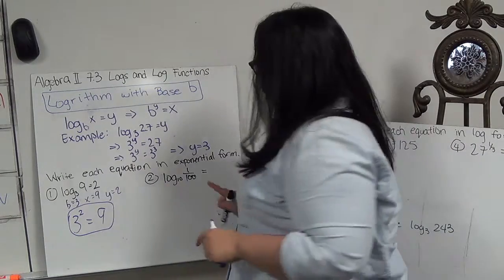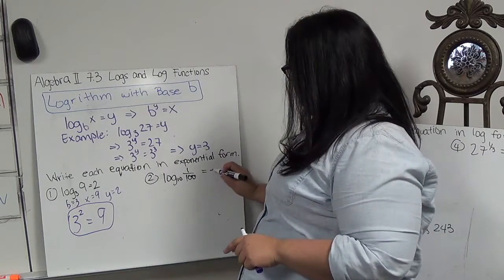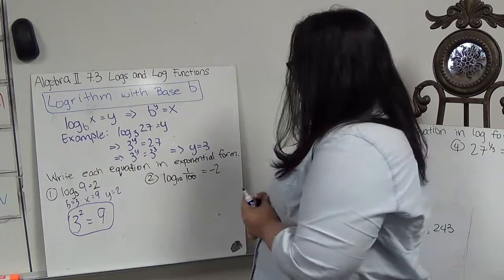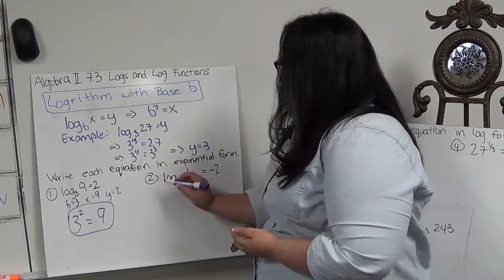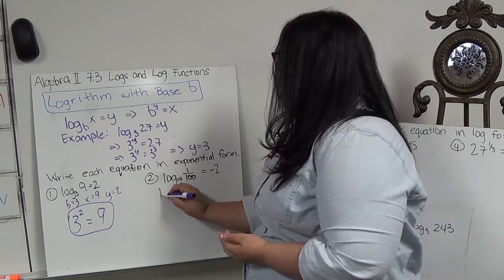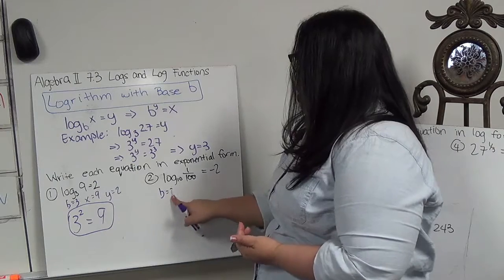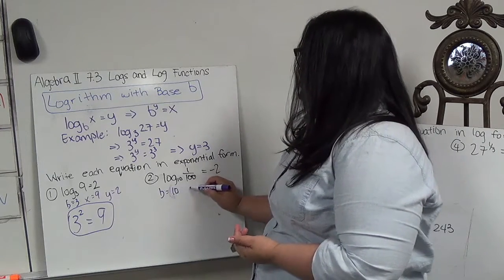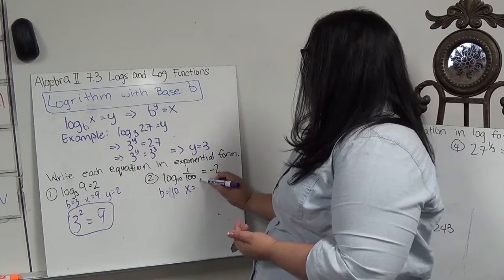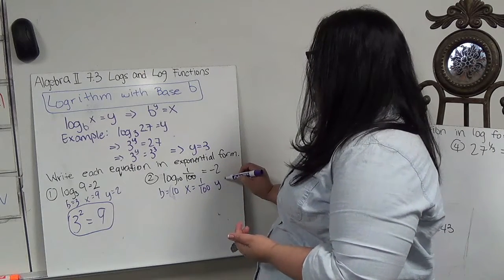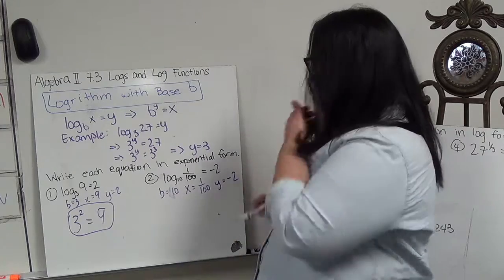See how that works? So I wrote this problem wrong. It's not 3, it's supposed to be -2. Okay, let's convert it. So our b is 10, our x is 1 over 100, and our y is -2.